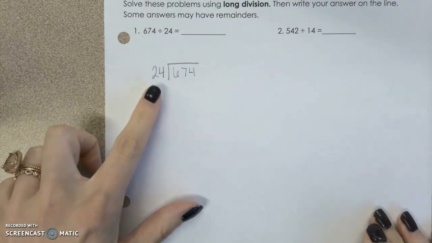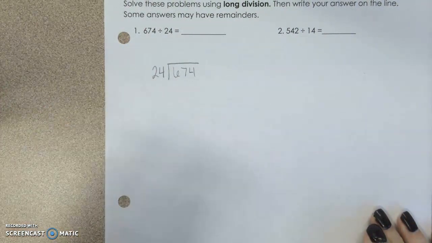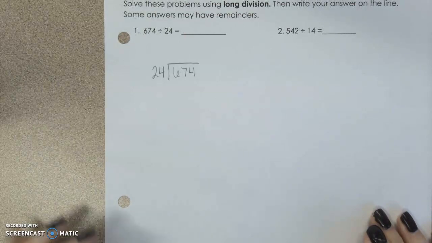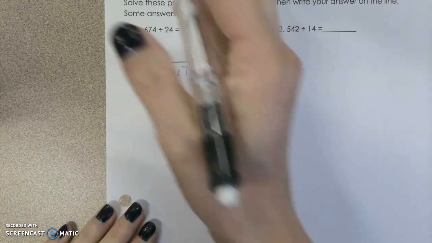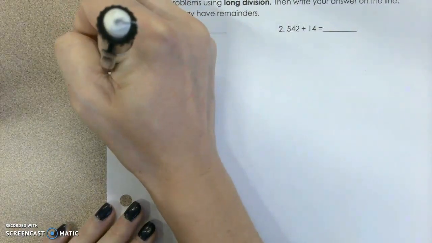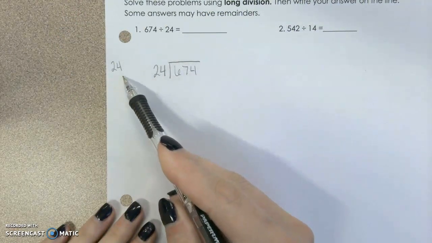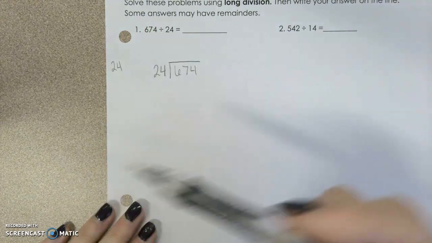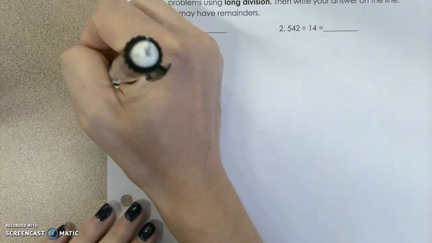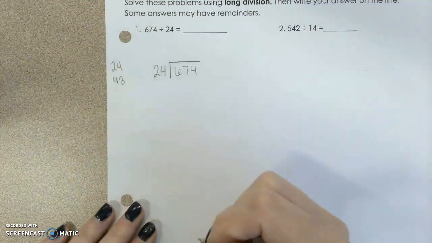So when we're working with larger numbers like 24, before we even start, I often say that creating a list of multiples can be really helpful because we don't know what can be divided by 24 off the top of our heads. So what I mean by that is I just go to the side and I write 24, and then I add another 24, and I can just think in my head 24 plus 20, that's 44, plus 4 more is 48.